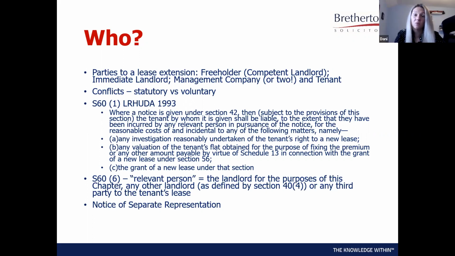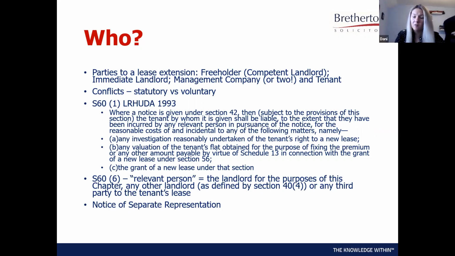Sometimes you can have two management companies or third parties involved. You might have a competent landlord, for example a freeholder. You might have an immediate landlord who can't grant the lease extension because their lease isn't long enough. You might have a few intermediate landlords as well, so there can be quite a few parties involved during a transaction.